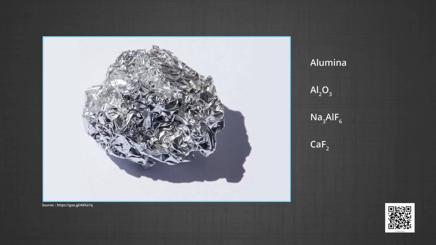Now, let us understand the metallurgy of aluminium. In the metallurgy of aluminium, purified alumina is mixed with Na3AlF6 or CaF2, which lowers the melting point of the mix and brings conductivity. The fused mixture is electrolyzed; a steel cathode and graphite anode are used.